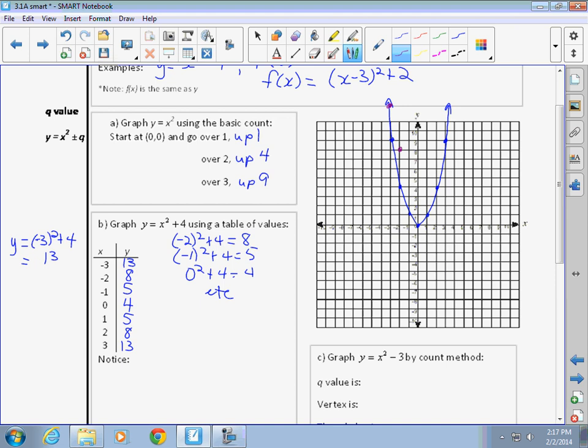Negative 1 and 5. 0 and 4. 1 and 5. 2 and 8. And then 3 and 13. So my graph looks like that. And this graph, my blue graph here, I've kind of curved it back in. My graph should probably be going more out that way than it is curving in, but you still get the idea of it.